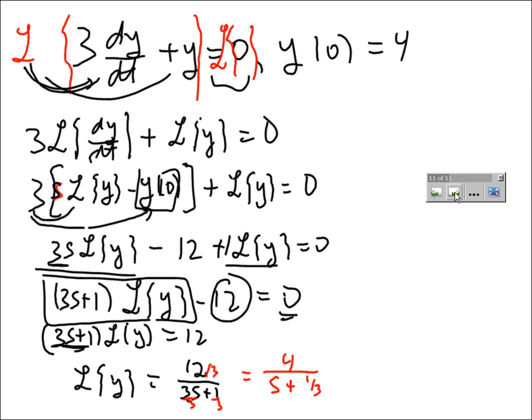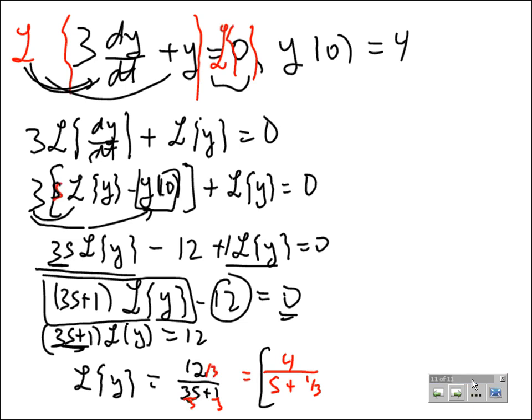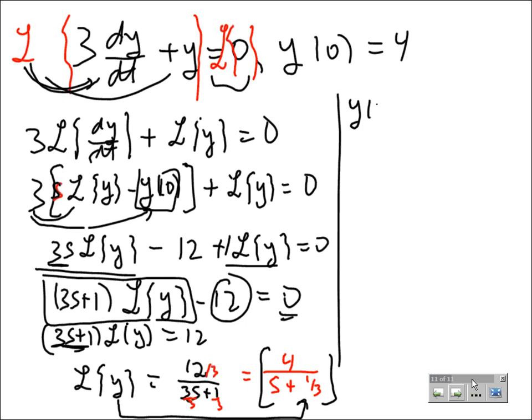Now we're in really good position because L of y is equal to 4 over s plus 1/3. So we know that y of t is equal to Laplace inverse of 4 over s plus 1/3.